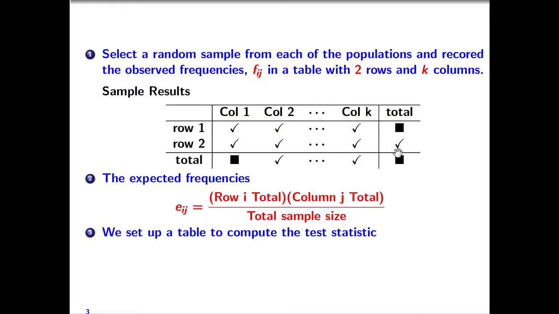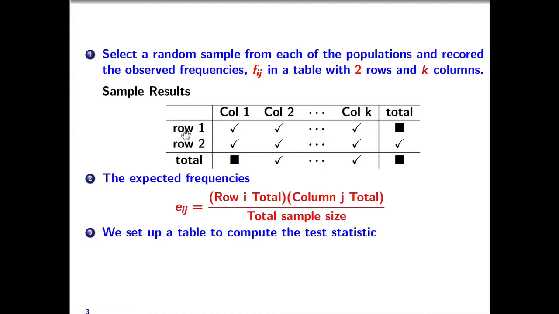We will find the observed frequencies Fij from a given table called the sample result table. Select a random sample from each of the populations and record the observed frequency Fij in a table, say with 2 rows and k columns. Then this sample result table will look like this.